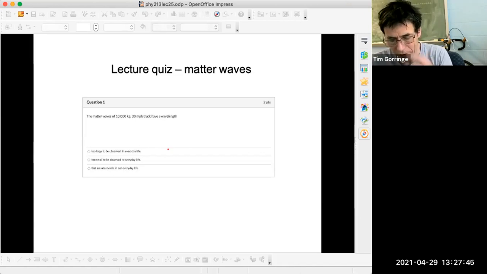The wavelength of matter waves is in inverse proportion to the momentum of the matter. So the more the momentum, the shorter the wavelength. With everyday objects, we don't notice the wave-like properties because their momentum is so large, meaning their wavelengths are so tiny. The wavelength of the truck is much, much smaller than we could ever measure, ever see, or ever notice.